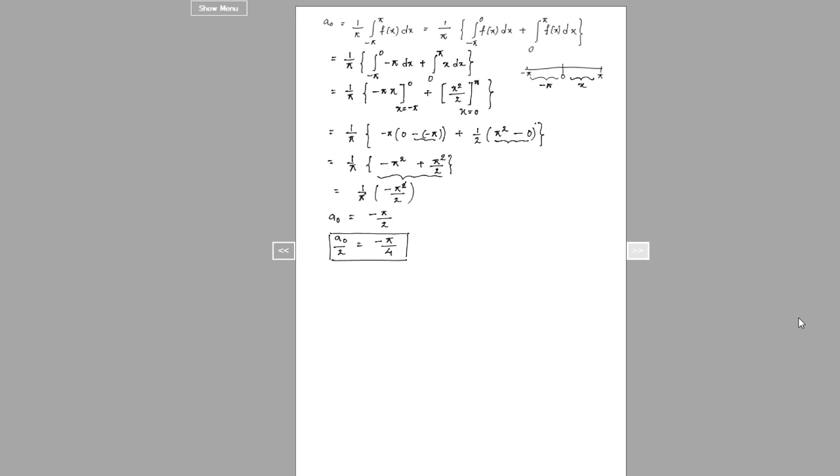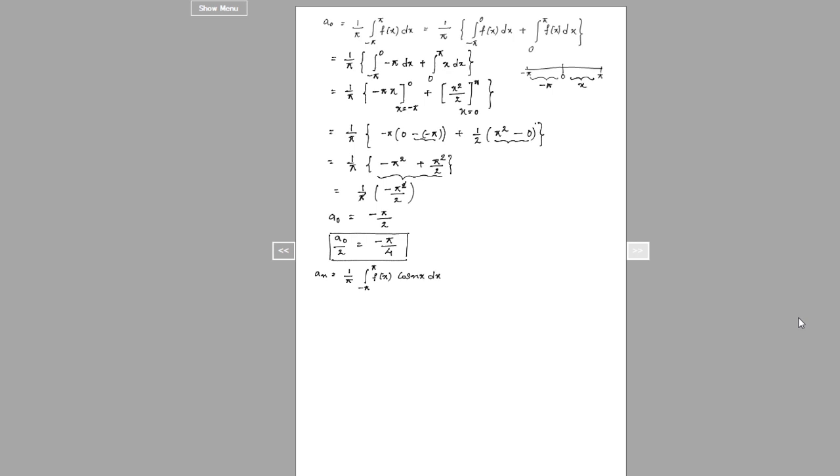Now let us find out an. We shall go for finding an. 1 by pi times of, how to write an? 1 by pi integral minus pi to pi f of x cos nx dx.